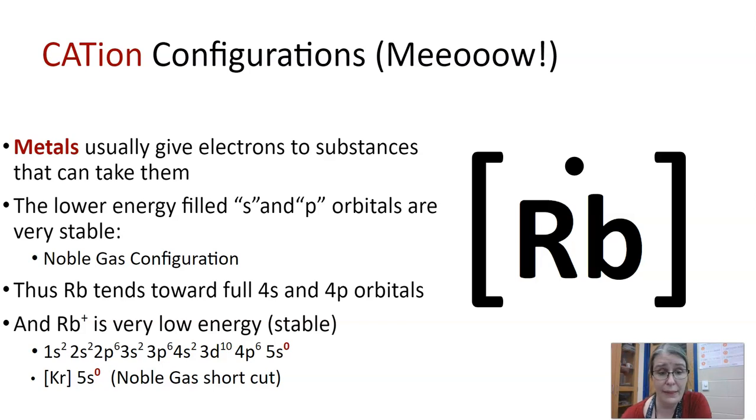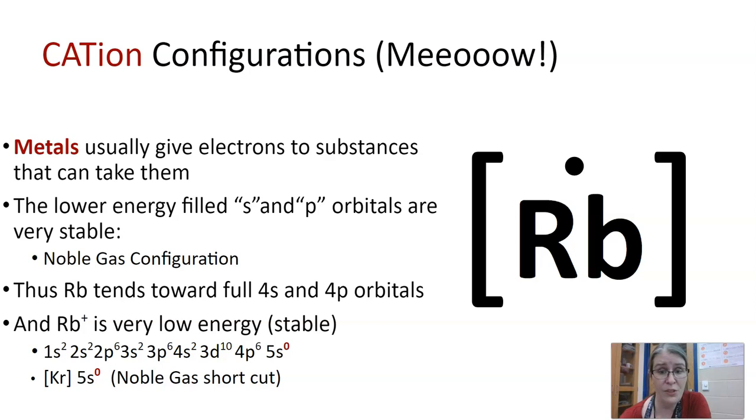So rubidium, which has the same Lewis dot structure as sodium and potassium and lithium and hydrogen, because it's in group 1A, it just has 1 dot. So you can visually see, well, what would be easier, finding 7 more things to put in to get to 8, or just taking 1 away?